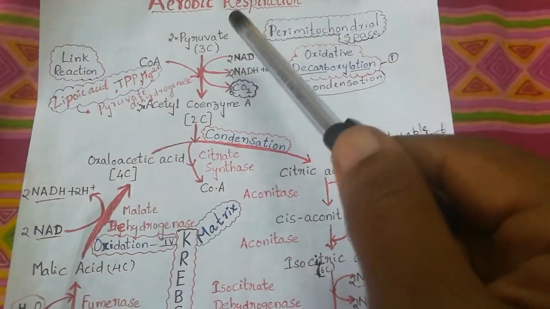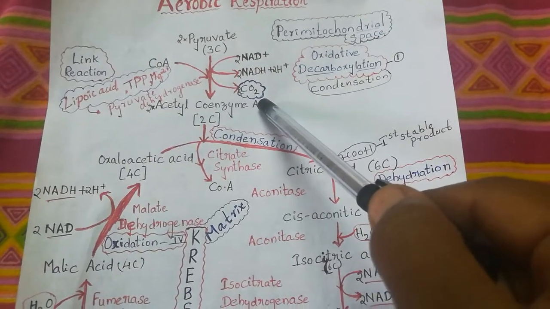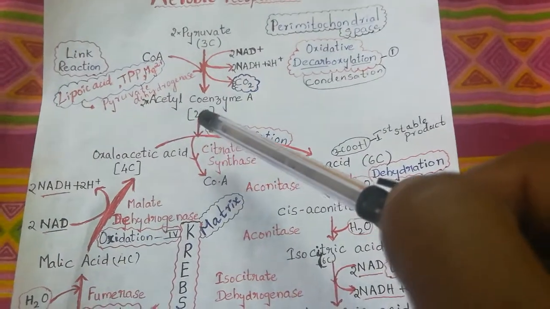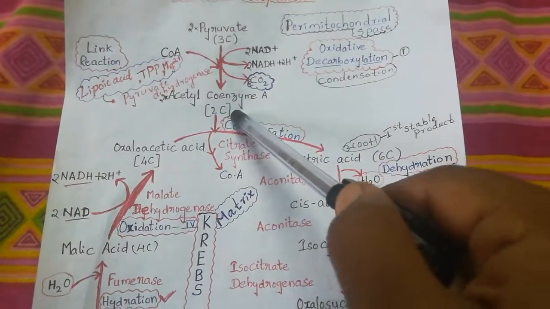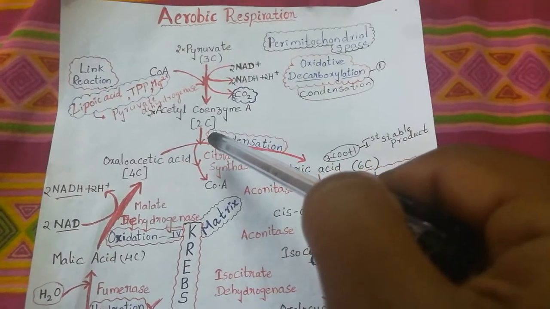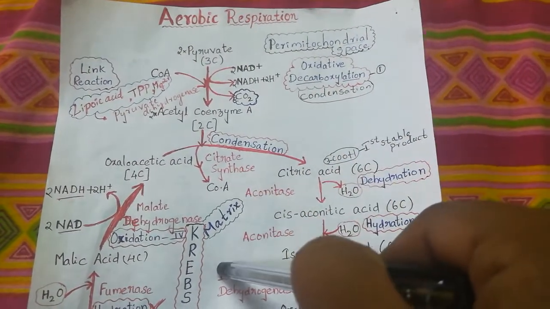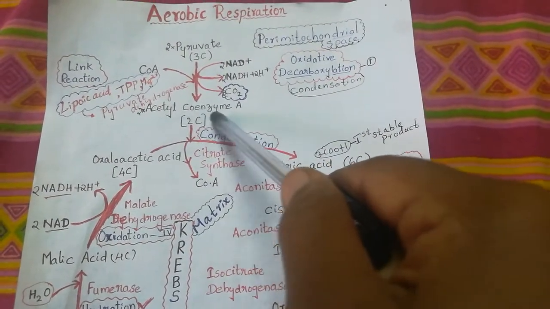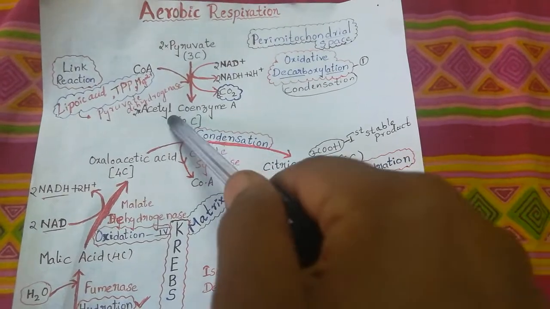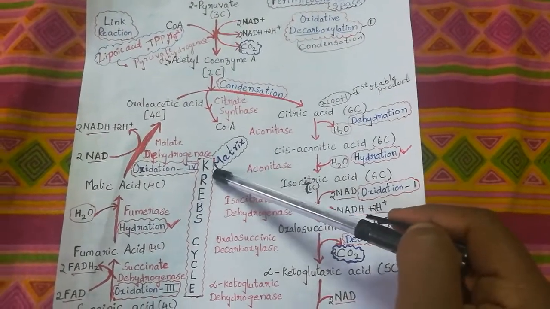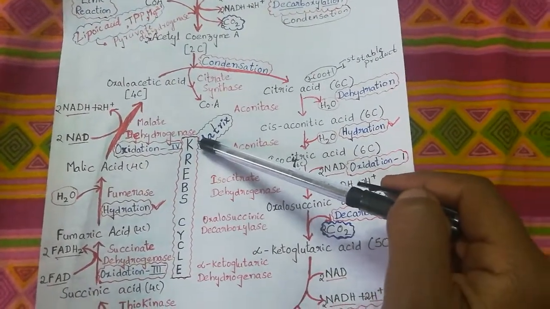So for 2 pyruvates, it releases 2 carbon dioxide, and also condensation with coenzyme A to form 2 molecules of acetyl-CoA. This reaction is also called the link reaction, as it links glycolysis and the Krebs cycle. The product formed in this link reaction is called the link product, that is acetyl coenzyme A. Now this acetyl coenzyme A moves towards the matrix of the mitochondria, where it undergoes the Krebs cycle.